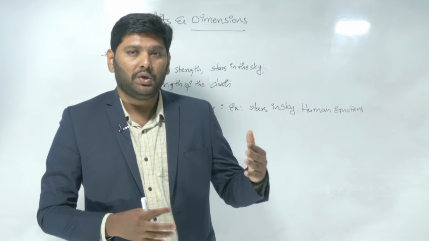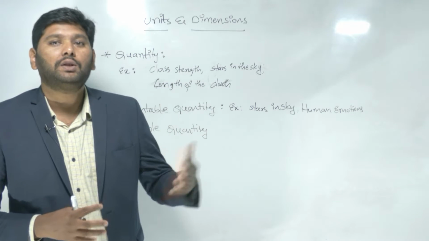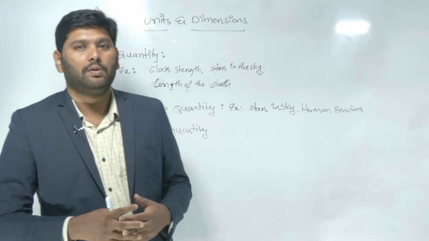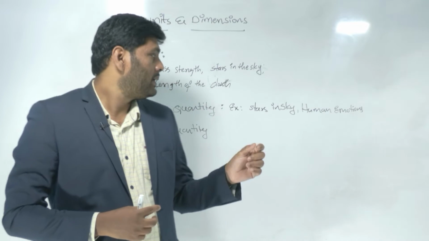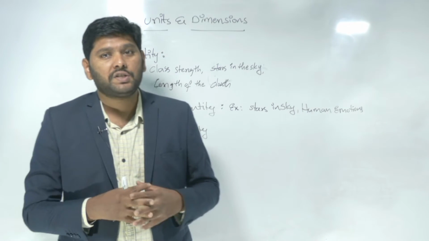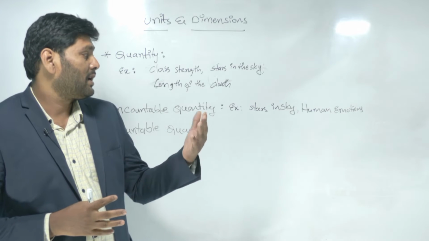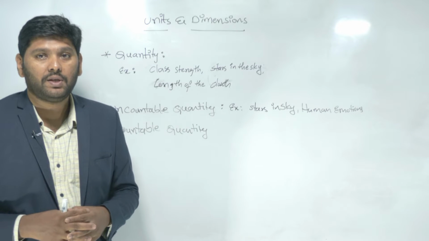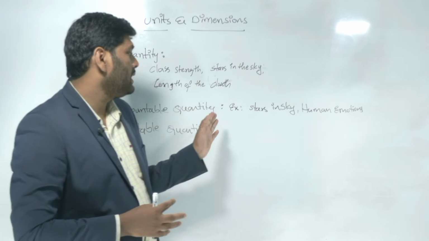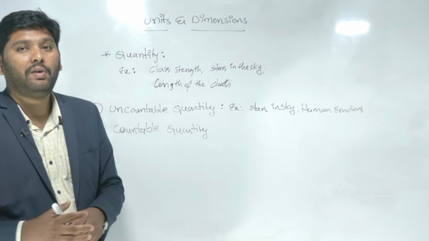So human emotions are uncountable. The affection between wife and husband also is uncountable, isn't it? In such a way we have uncountable quantities.